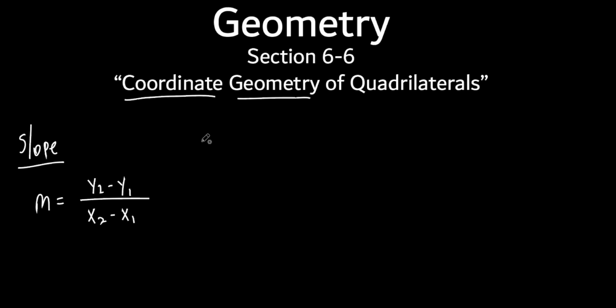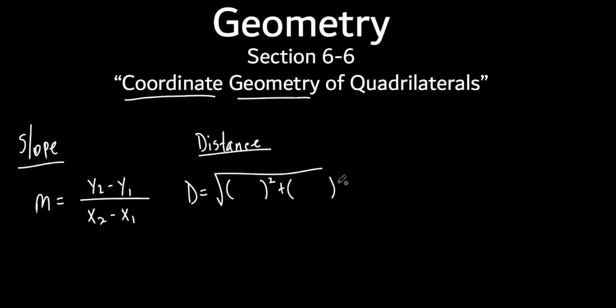What was the other thing we did? Distance. Okay, let's do distance. So we had a little formula for that too. d equals a big old square root. Then we put a couple of parentheses squared plus another parentheses squared. And what did we put inside those parentheses?